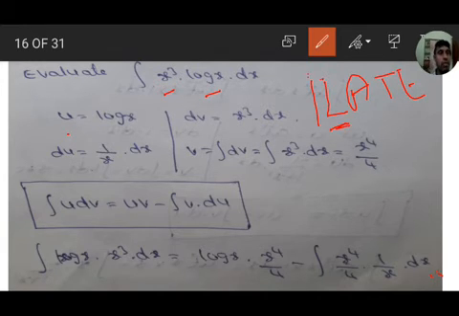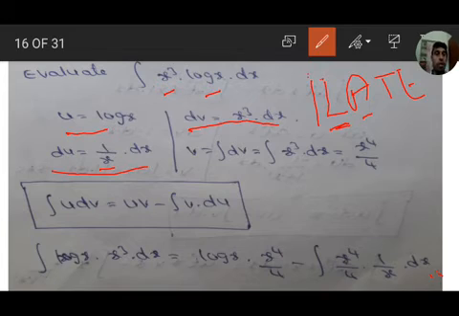So first the logarithmic function, next the algebraic function. The logarithmic function is taken as u and the algebraic function is taken as dv. So dv equal to x cube dx, u equal to log x. The derivative of log x is 1 by x, so du equal to 1 by x dx, and integration of dv, that is v equal to integration of x cube, which is x to the power of 4 by 4.